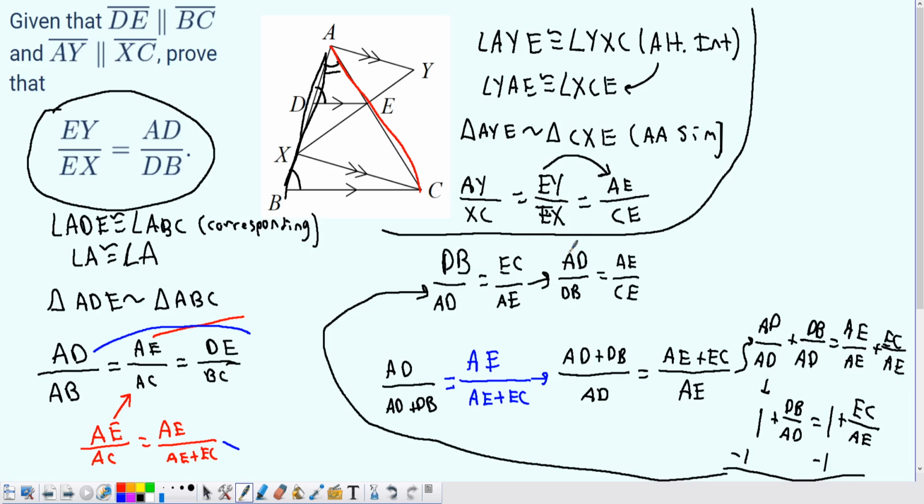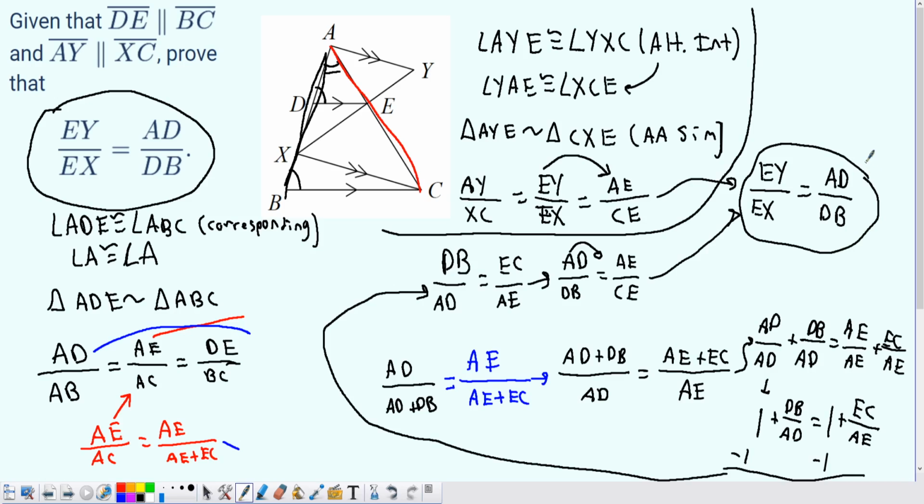And now what we have shown is that AD over DB is also equal to AE over CE, which means that by simple substitution, we can finally get the desired result we were looking for, which is that EY over EX is equivalent to AD over DB, the desired result that we would like.